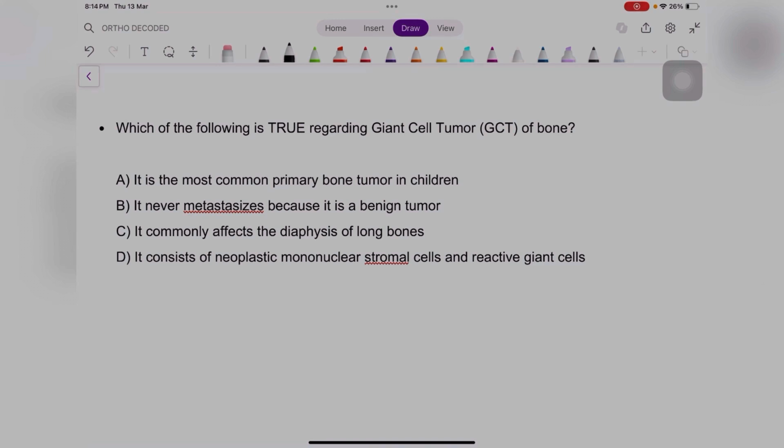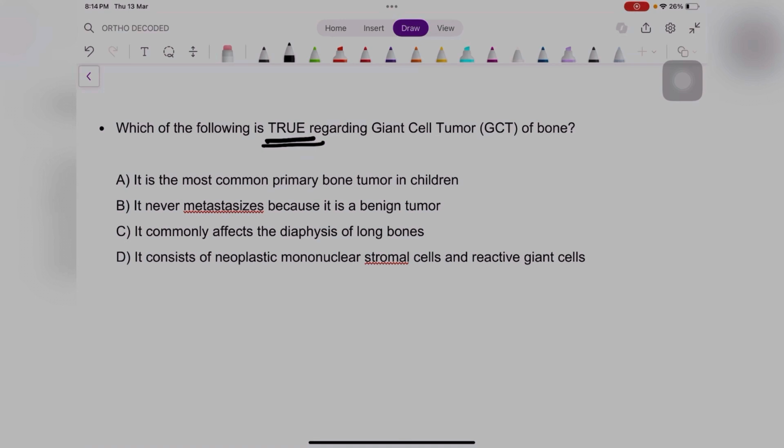So the next question is, understand the question once again. They are asking which of the following is true regarding the giant cell tumor of the bone. So that means 3 statements are false and 1 statement is true. So what could be the answer? It is the most common primary bone tumor in children.